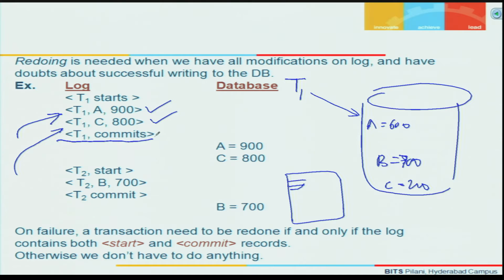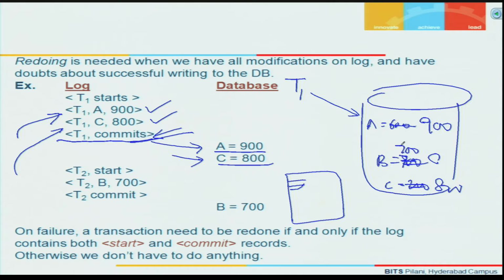When it commits, the commit record will be entered into the log for T1. The actual update to the database will take place only after the commit record is inserted into the log. Now the actual database modifications will occur, and A is going to be 900, and C is going to be 800. Still B is 700 only.